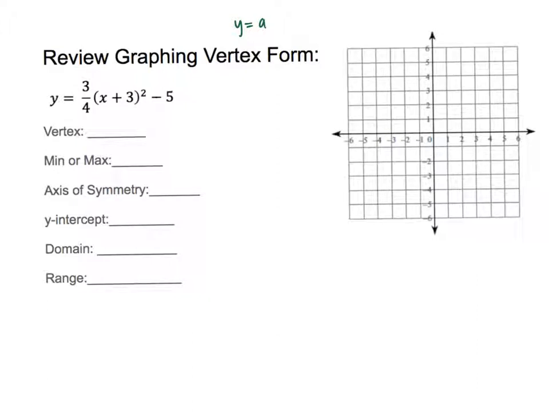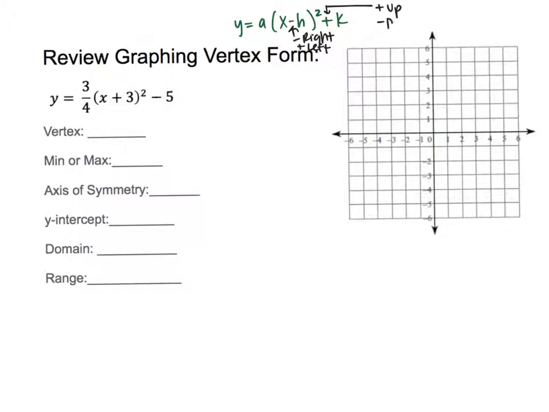So as a quick reminder, if you have a general quadratic equation in vertex form, a negative on the inside of the parentheses means right. A positive means left. If you have a positive on the outside, that means it's going up.